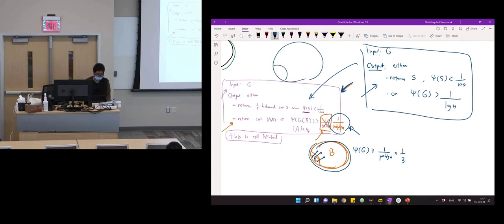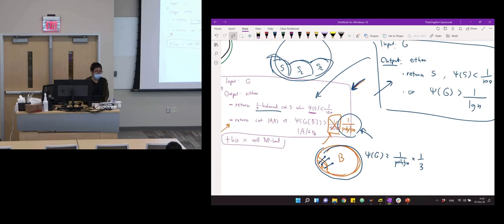If you find a sparse cut S, and find another sparse cut, and keep finding this. Once this union is big, like a 1 over 4 balance, then you get this case. The reason is that the union of sparse cuts is going to be a sparse cut, as we discussed in class.